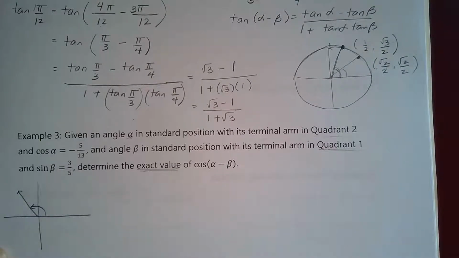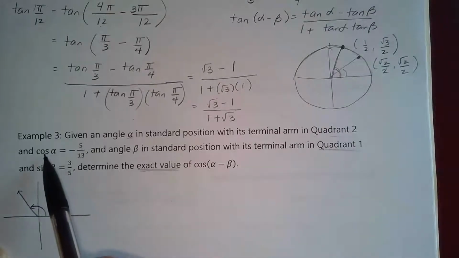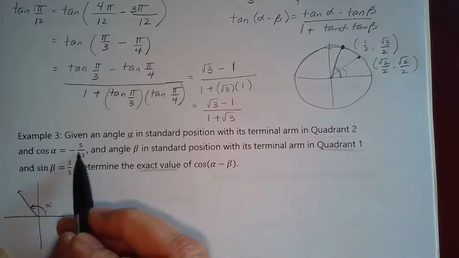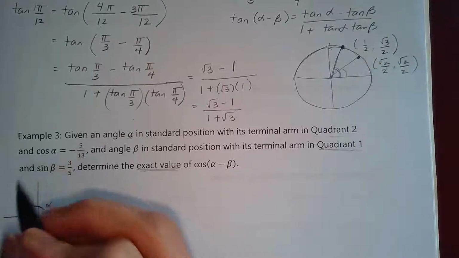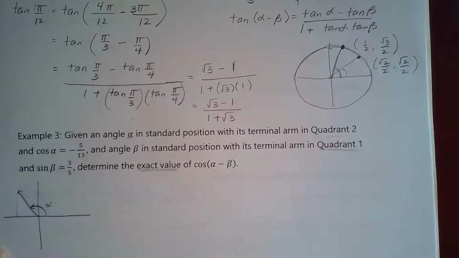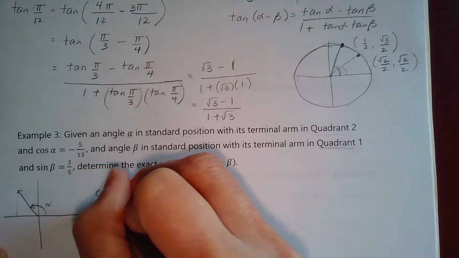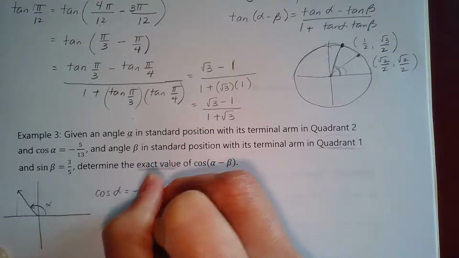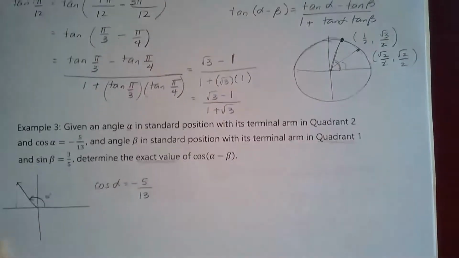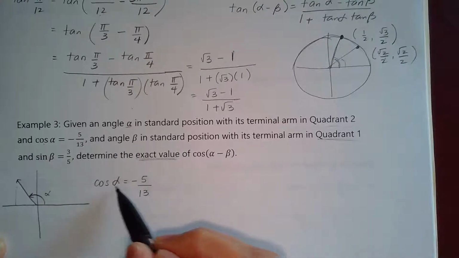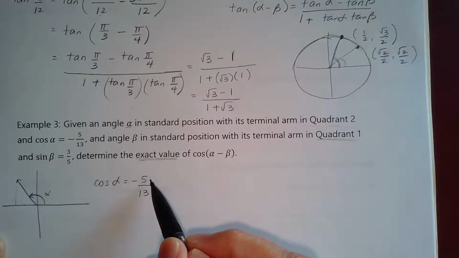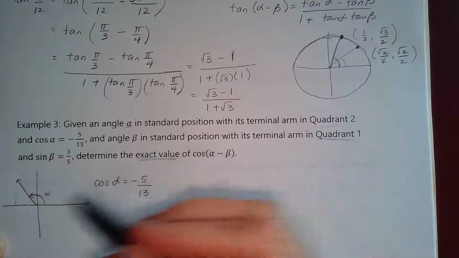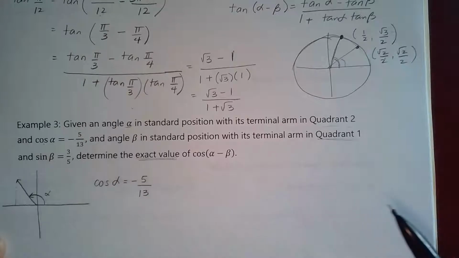And it says cos of alpha is negative 5 over 13. So cos of alpha equals negative 5 over 13. Which makes sense because it's on the left side, right? Cos is negative in quadrant 2.